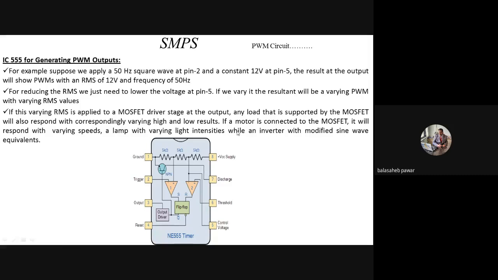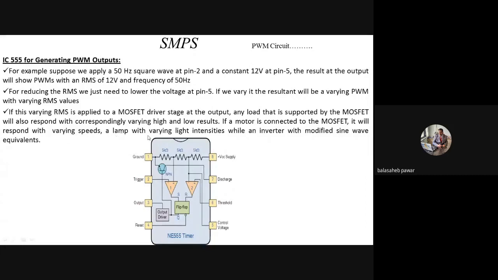If a motor is connected to the MOSFET, it will respond with varying speed, because if we change the controlling voltage, it will change the RMS value, and it will change the output level also. Level means what? Its peak amplitude. So it will be able to vary the speed of that motor also.